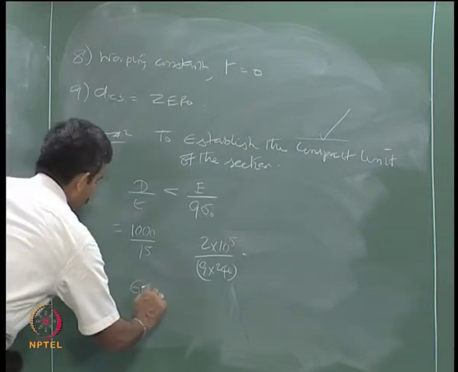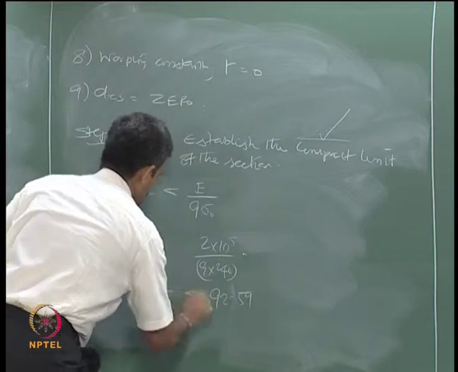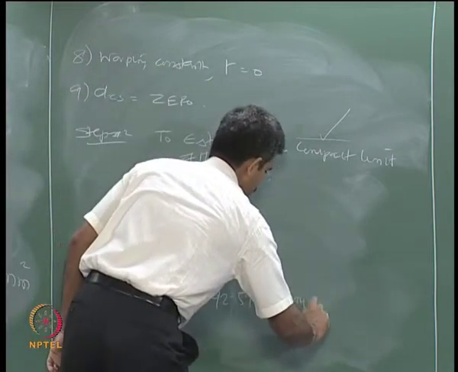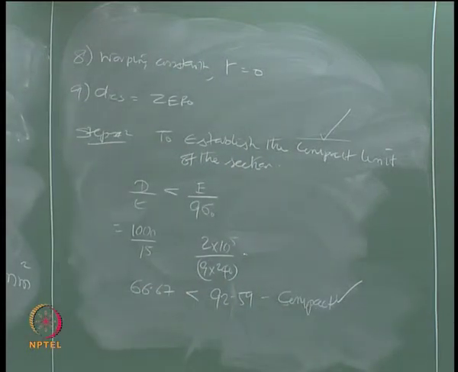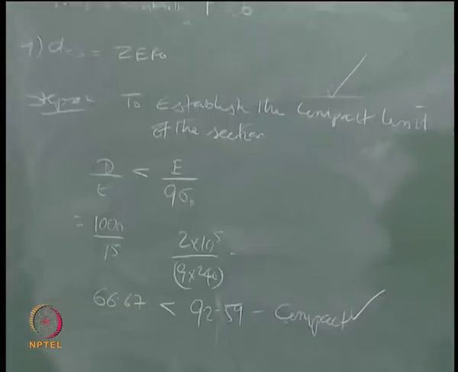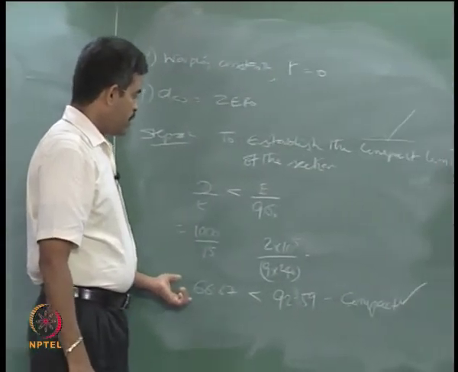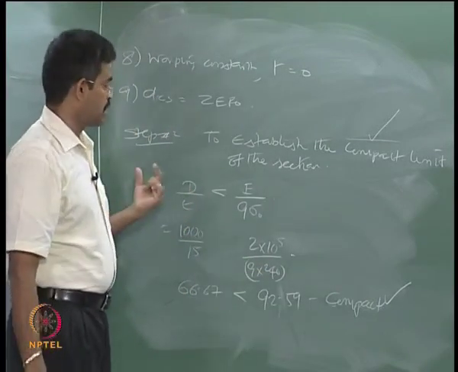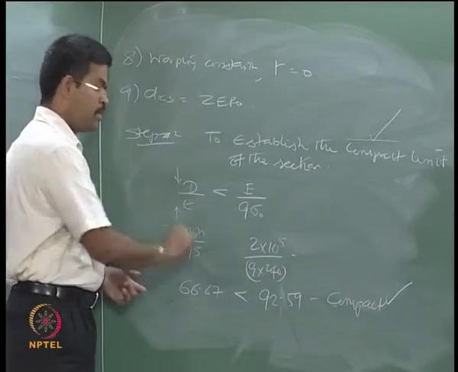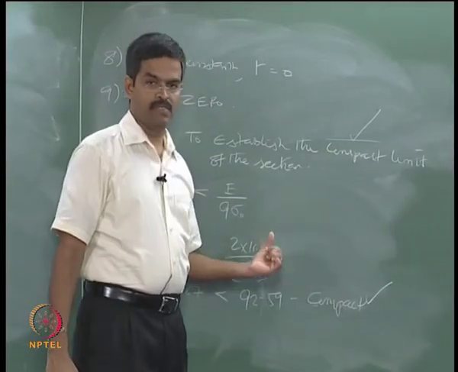So, this is 66.67 and this is 92.59, is less, section is compact. Here also there is a major check. Whenever you get a non-compact section, it is advisable to convert the given section to a compact section either by decreasing the diameter or by increasing the thickness, because having compact sections in the design is always advantageous.